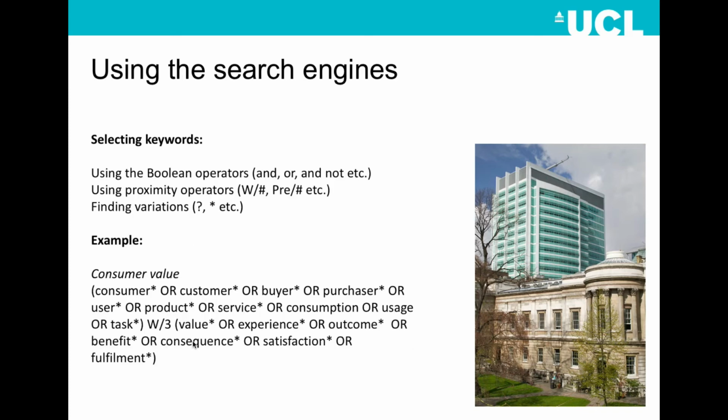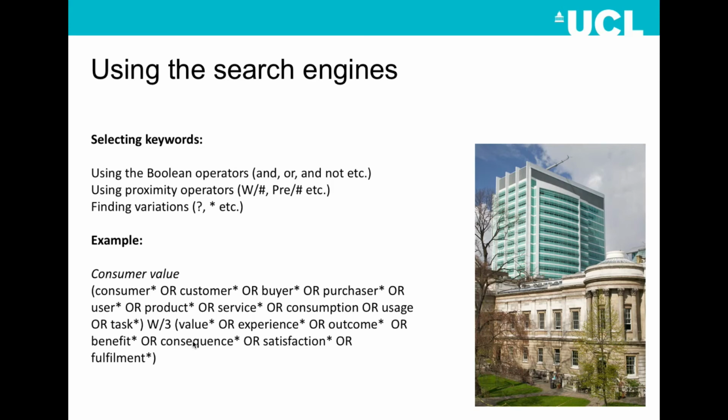It's important that you learn how to use the search engines. First of all, you will have to decide some keywords connected with the concepts that you are looking for. And you can combine these keywords by using Boolean operators such as and, or, and not, etc. But also there are proximity operators and wildcards.